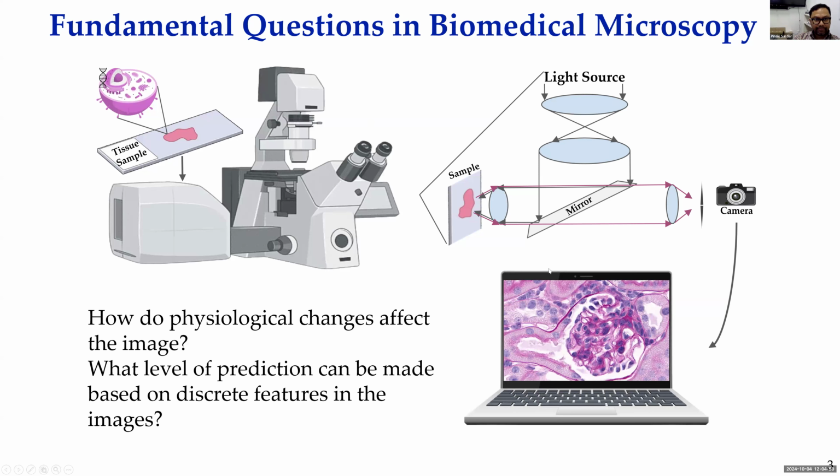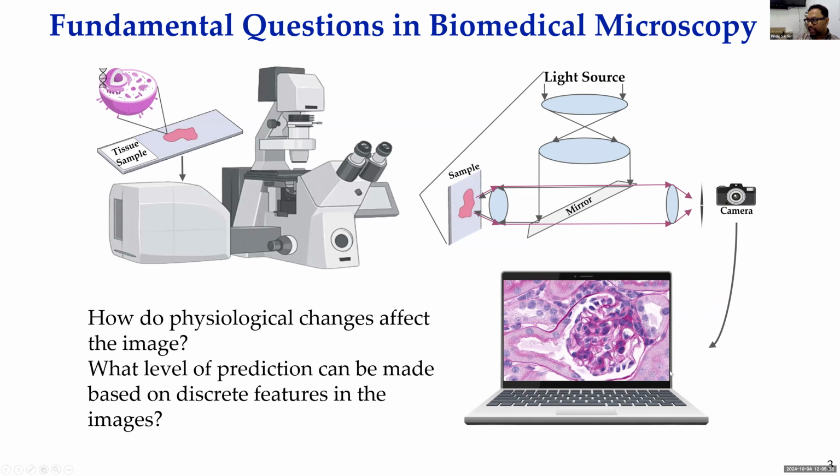But the basic and fundamental question that we ask is, how does the information hidden in red, green, and blue pixels that we measure in the image get perturbed or changed due to small, minute changes in cells, as well as even at the atomic level, for example, in DNA or RNA transcript level?